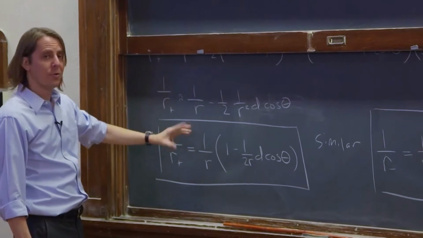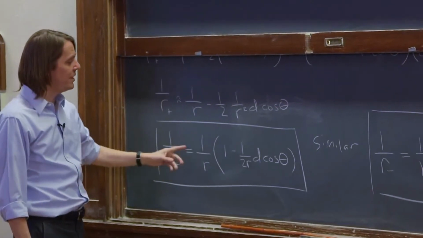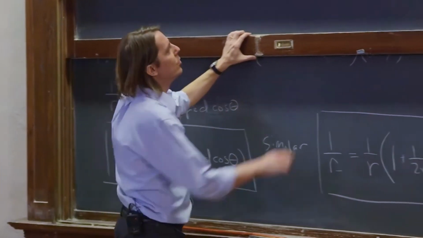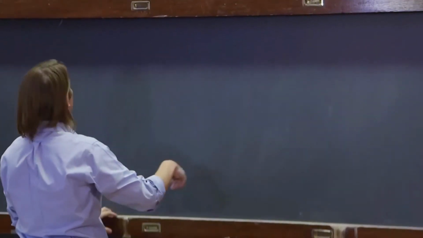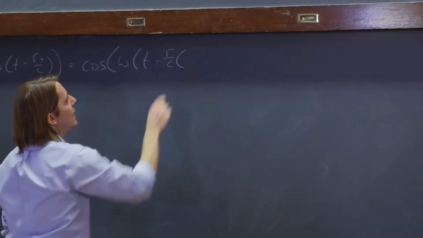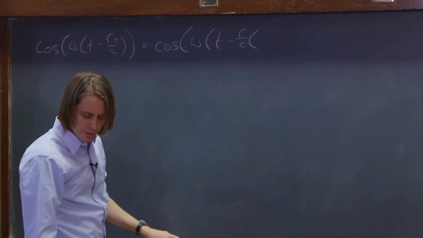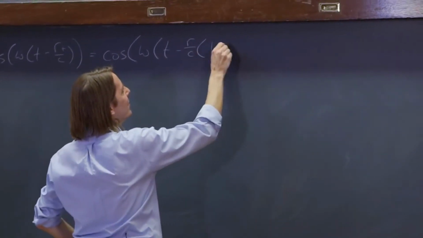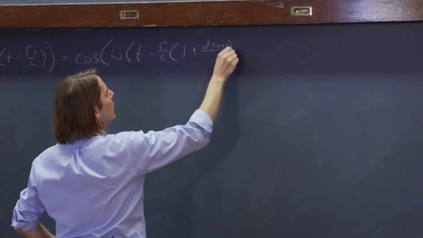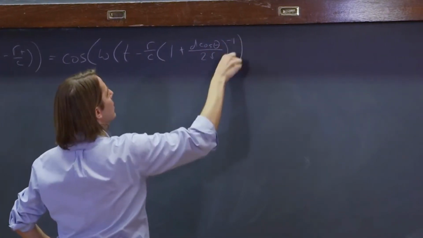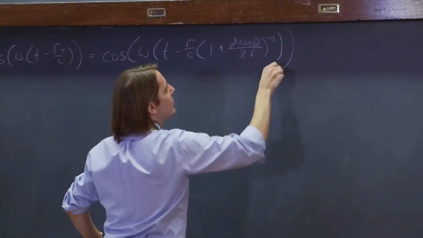The 1 over r will invert to just be an r, so it'll be r over c, and then that thing to the negative 1. Yeah, so let's see, it'll be t minus r over c times this whole big thing, 1 plus d cosine over 2r, to the minus 1. And God knows how many parentheses there are to close. There we go.